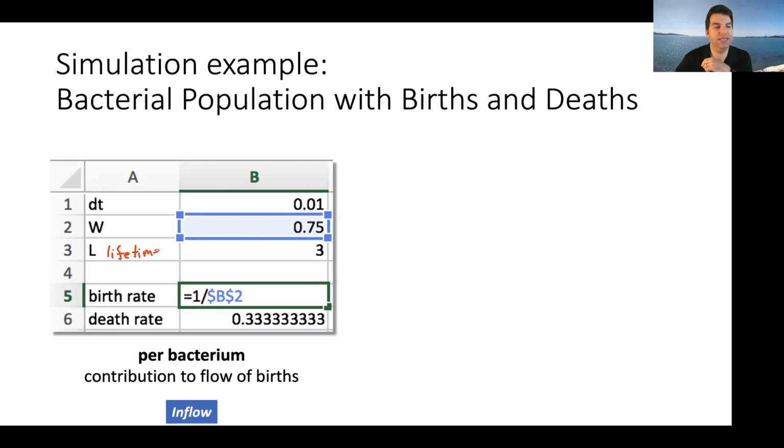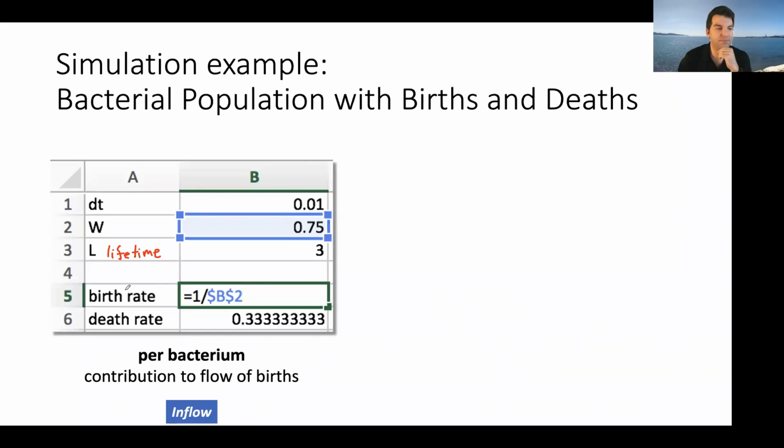And so we're just saying here that every bacteria waits about 0.75 time units, let's say 3/4 of a minute, until it produces a new bacteria. And then that new bacteria starts its clock. And then every bacteria, once it's born, on average, hangs around for 3 minutes until it disappears.